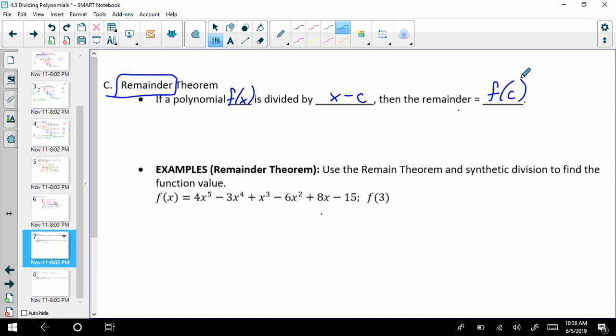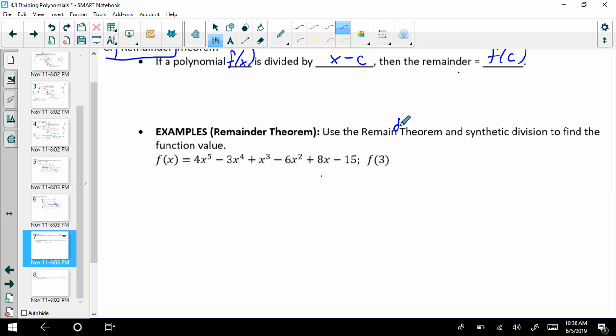What? What does that even mean? Well, probably the easiest way that I can explain this to you is to do an example, and then we'll talk about this rule. So, use the remainder theorem and synthetic division to find the function value.